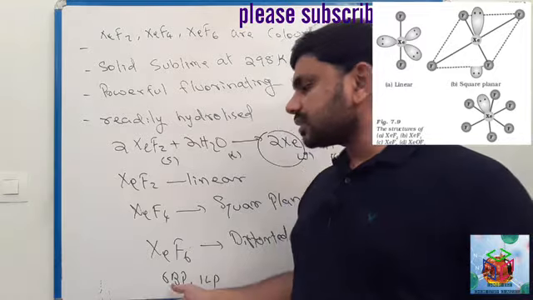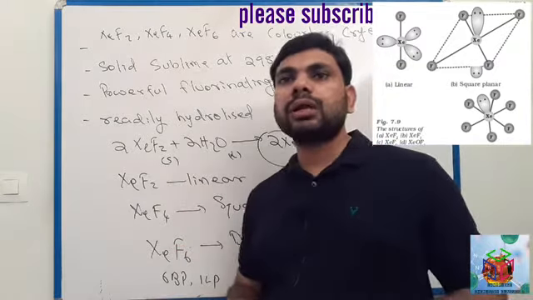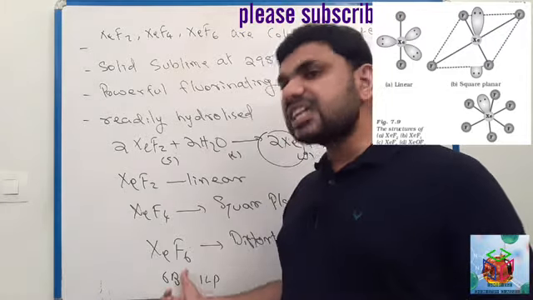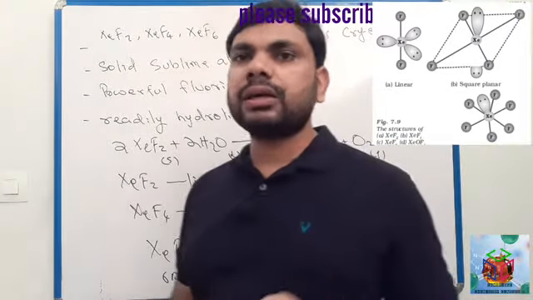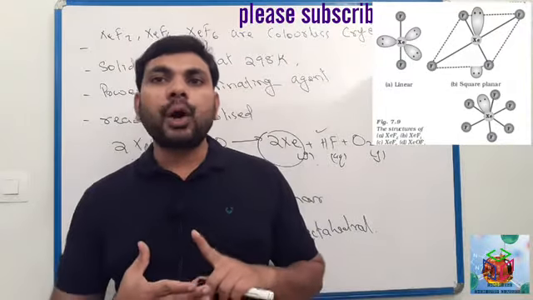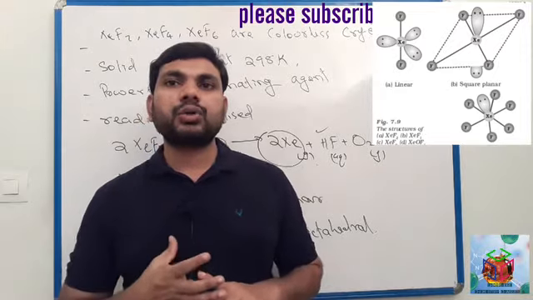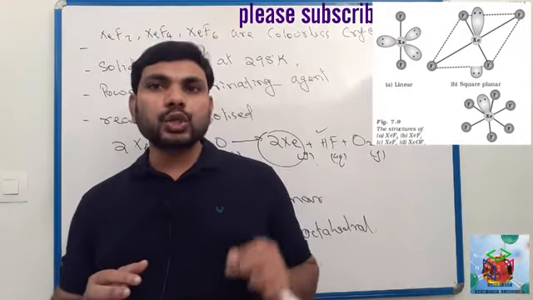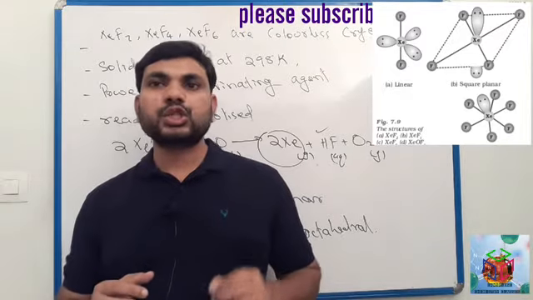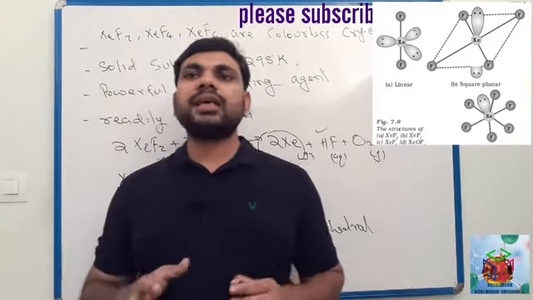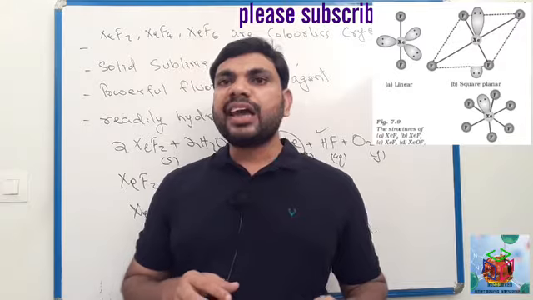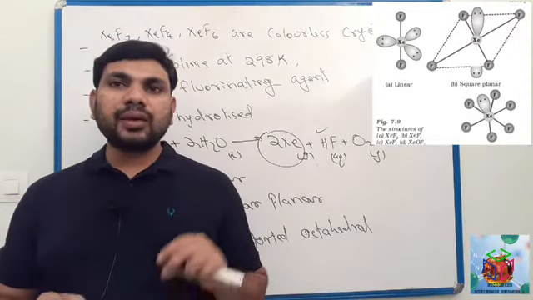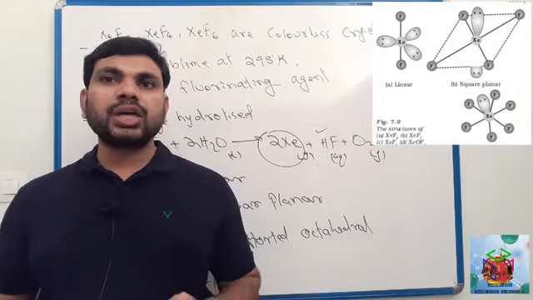XeF6 means there are 6 bond pairs and 1 lone pair of electrons, and it shows a distorted octahedral structure. XeF2 linear, XeF4 square planar, XeF6 distorted octahedral.